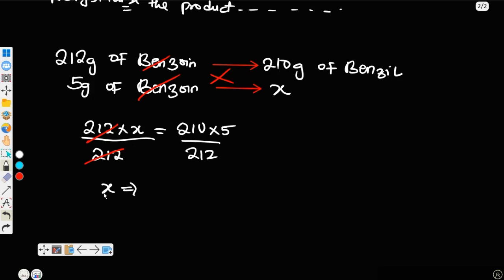What is that going to give to us? 210 times 5 divided by 212 will give us 4.95 gram of benzil. So this will form our theoretical yield.